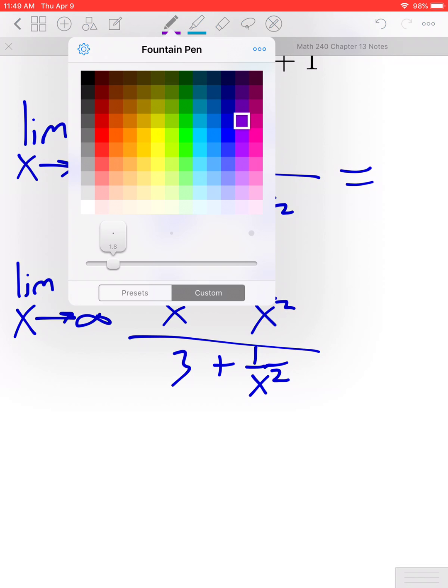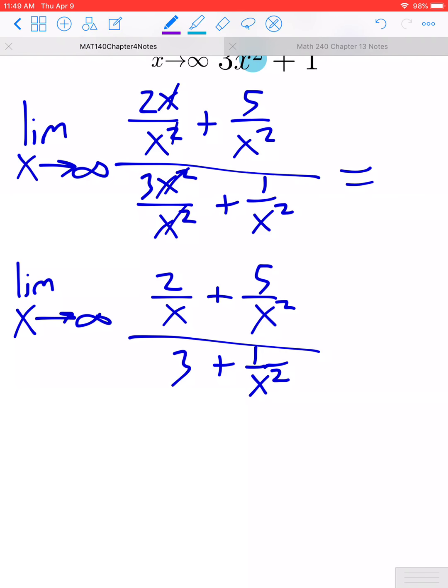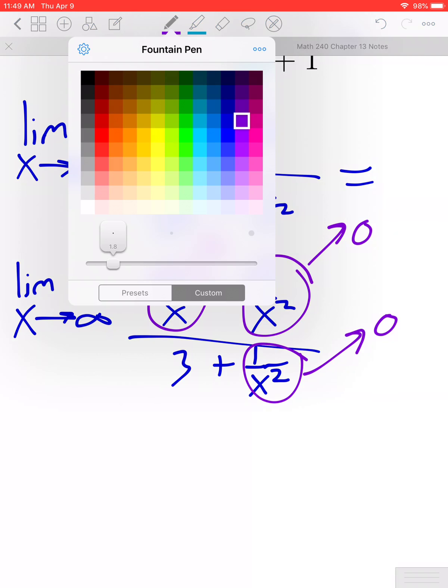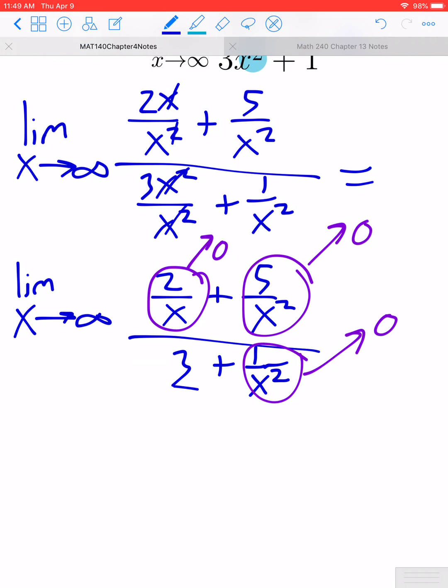We can now apply that limit theorem. As x approaches infinity, this term is going to approach 0, this term is going to approach 0, and this term is also going to approach 0. This other term is just a constant, so it's not going to change.